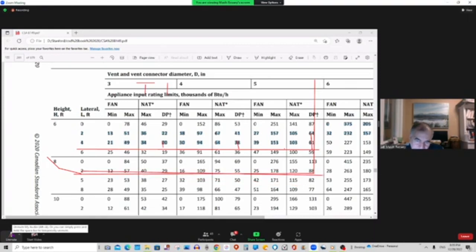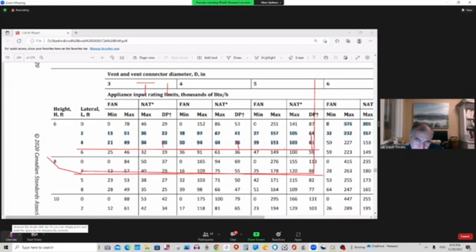Then I look at natural draft DP, because it said tight house. The first DP is 29, so it won't work for me. Second DP is 55, it won't work. Third is 88, yes, because 70 is less than 88. So I go up from 88 and see 5 inch. So the diameter is 5 inch.